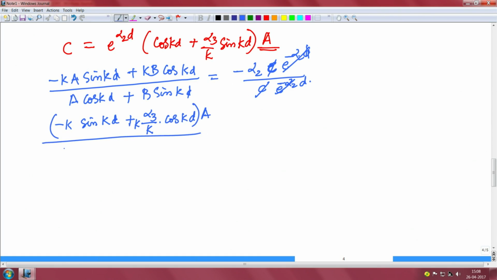Similarly, the denominator I will take out a common and say cos k d plus alpha 3 by k into sin k d, one more a out, equals minus alpha 2. This k can be cancelled out.